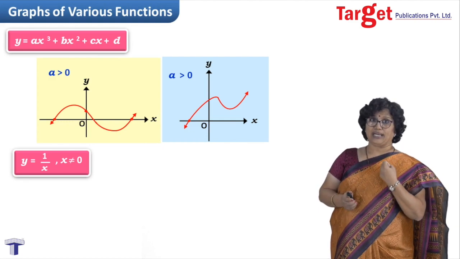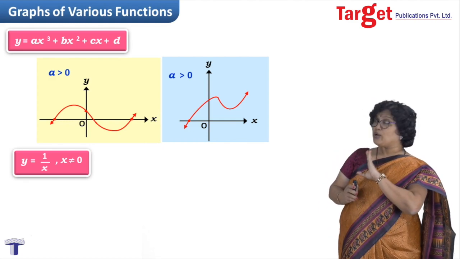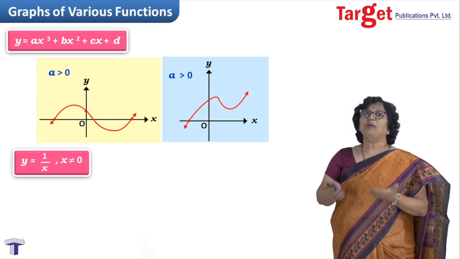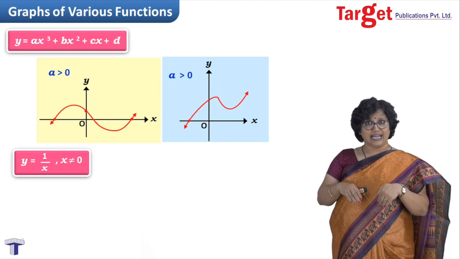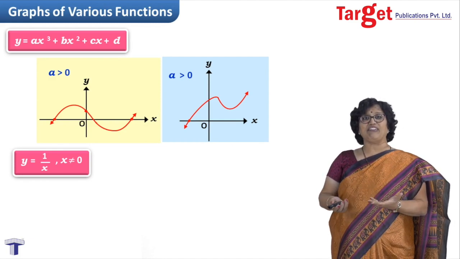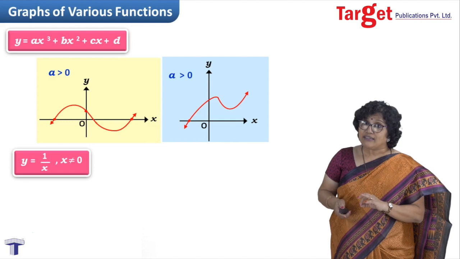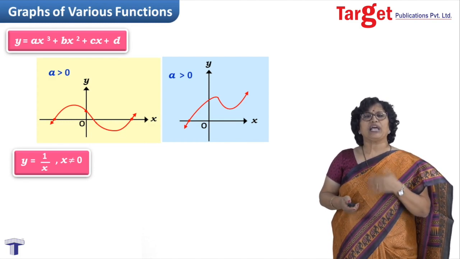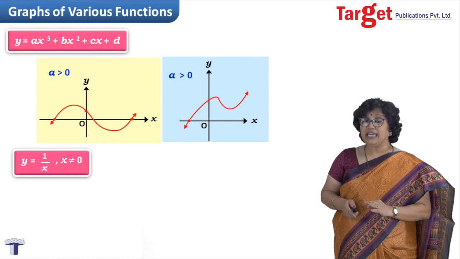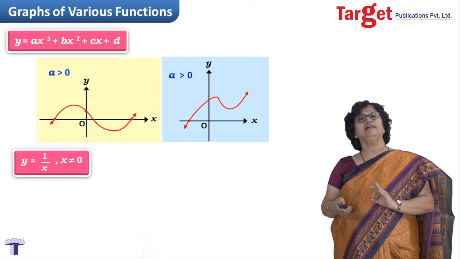Another thing that takes your attention is, I have written there only x not equal to 0. When you are saying x not equal to 0, then either x is negative or x is positive. If x is negative, then y will also be negative. If x is positive, then y will also be positive. So what are you expecting in its graph? We are expecting the graph in the first quadrant or in the third quadrant.